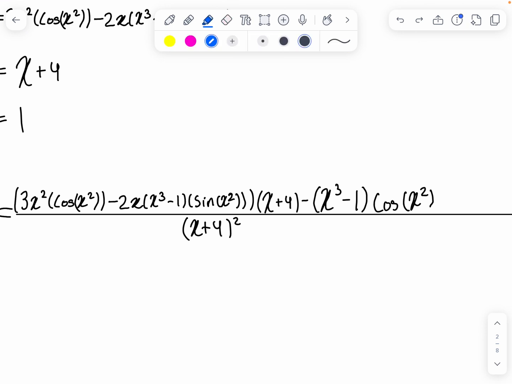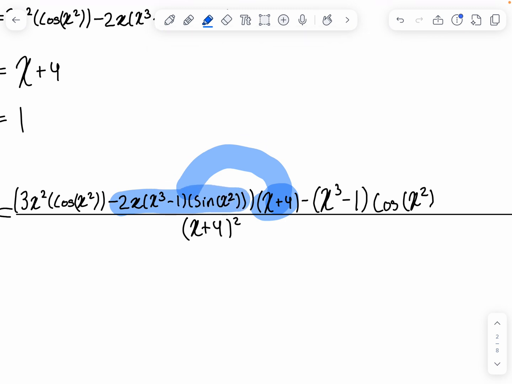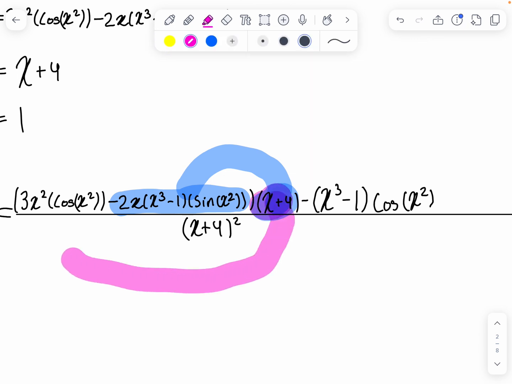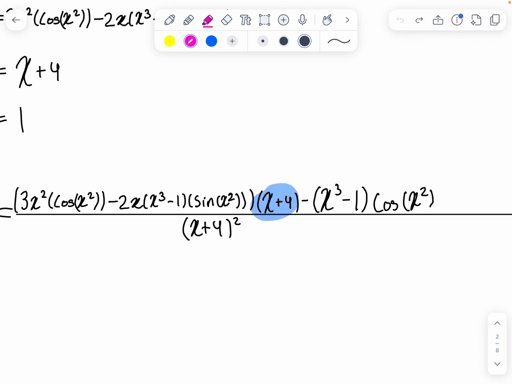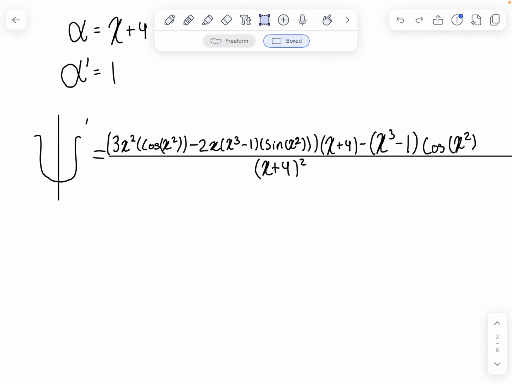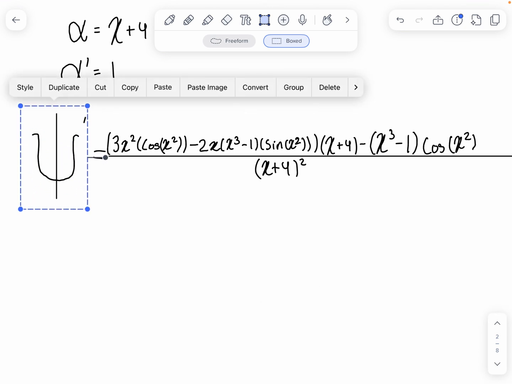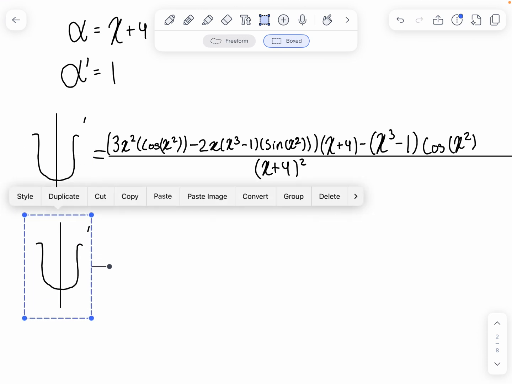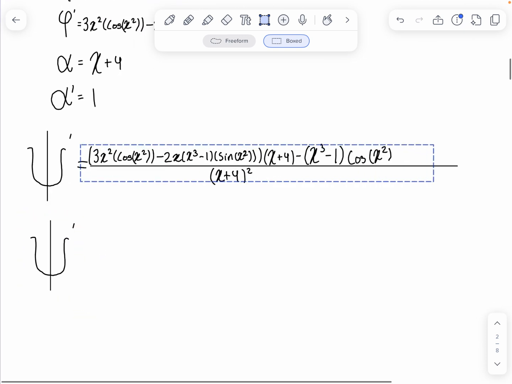What's going to happen is this is going to get multiplied to this term, and this same term is going to get multiplied to this. So hopefully the highlighting made you understand that. So let's apply that here. And everything else will just stay the same. So I'm just going to copy and paste this.